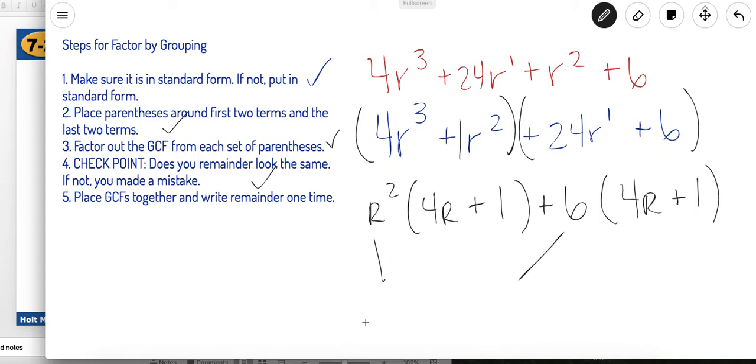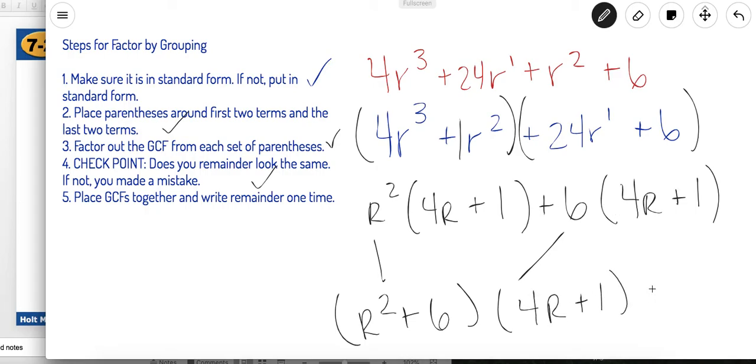We're going to take our greatest common factors, and we're going to write them together. r squared plus 6 in one parenthesis, and then we're going to rewrite the remainders one time. It's going to be 4r plus 1. Okay, and that is our final answer.